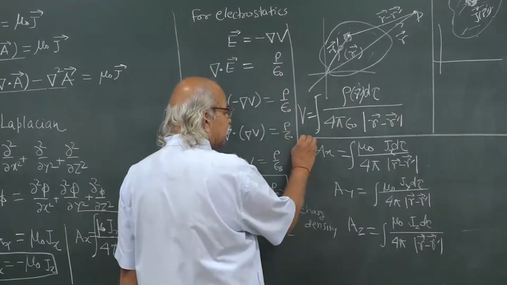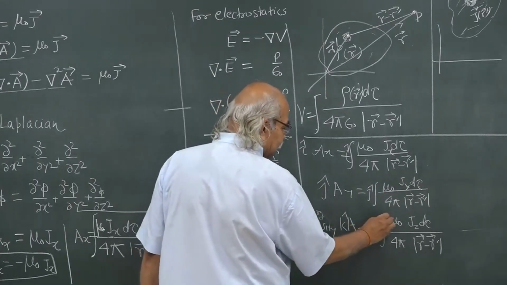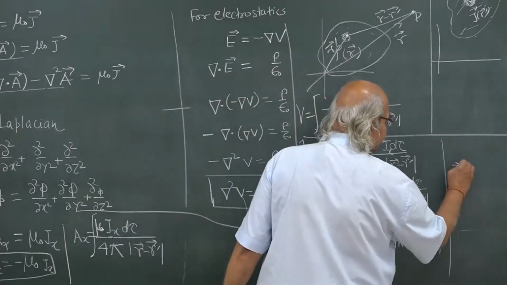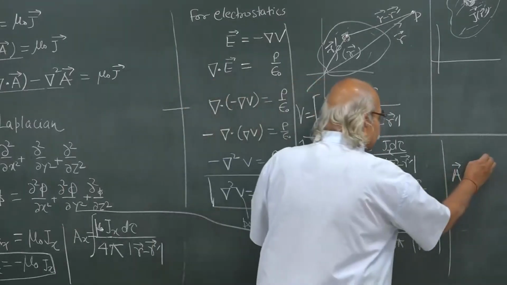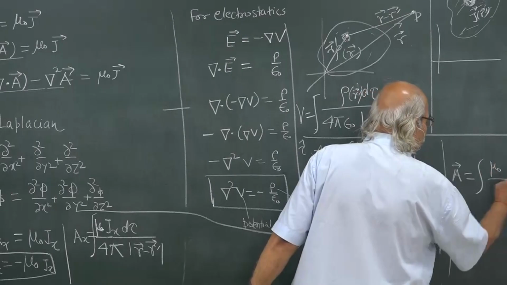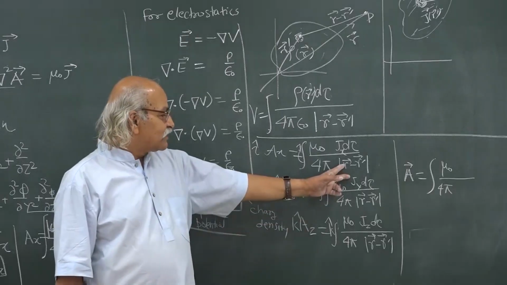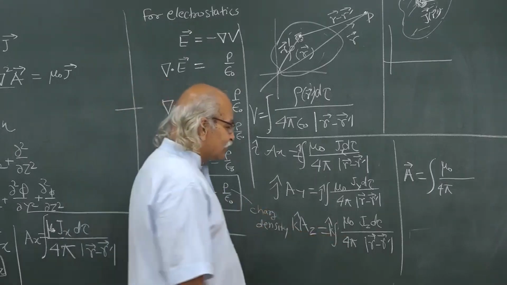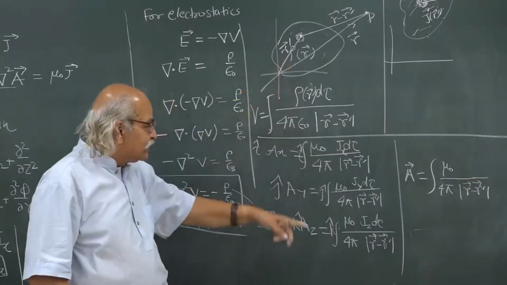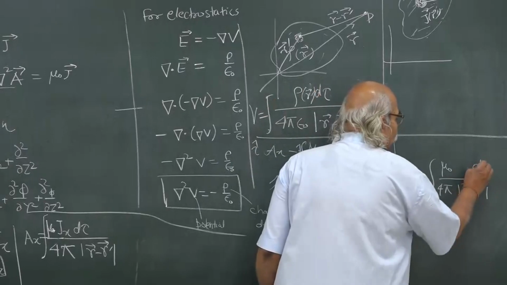Combine all these things: i cap times this, j cap times this, k cap times this, and add them, and you get vector A. It is equal to the integration of mu naught by 4 pi, which will be everywhere, whether it is the x, y or z component of A. The modulus of r minus r prime is common too, the distance from the element. d tau is also common.